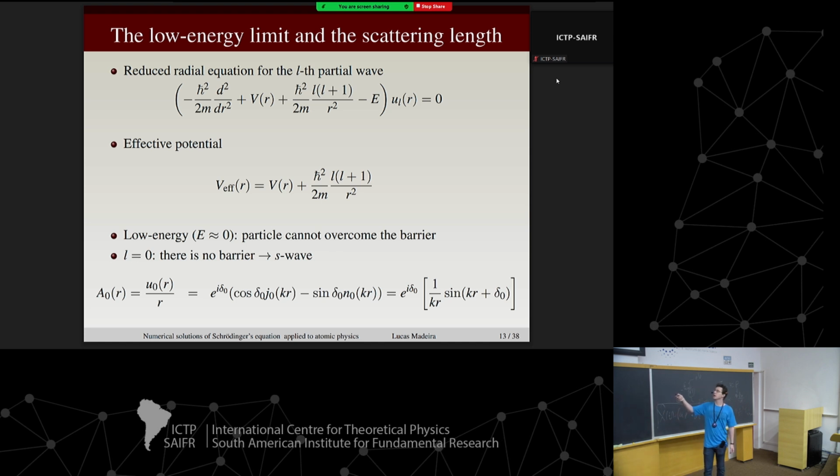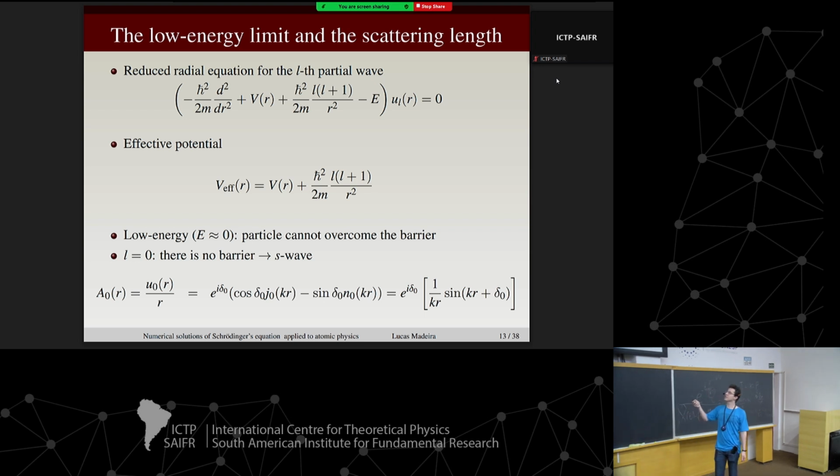And this is a positive number, so it's repulsive. Whenever you get close to the origin, if you put a small number here or 0, this term is going to get very large. And it's going to increase as L squared when you go to higher partial waves, higher numbers of L. So you have this really repulsive thing close to the origin, okay?